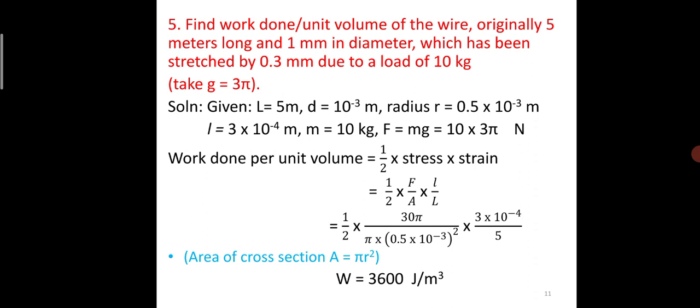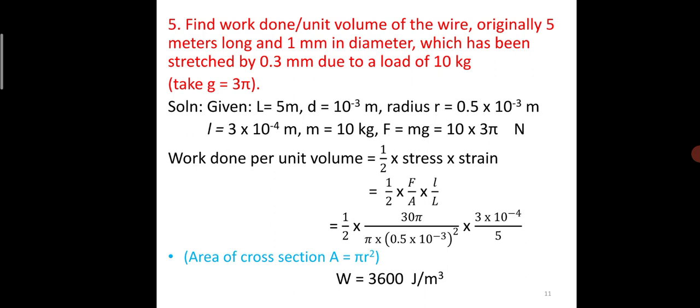Writing all the given values, we have L is equal to 5 meter, D is 10^-3 meter, radius is 0.5 × 10^-3 meter, and l is 3 × 10^-4 meter, and mass is 10 kg. Therefore, F is equal to m into g. m is 10, g is 3 pi. We have 10 into 3, that is 30 pi Newton.